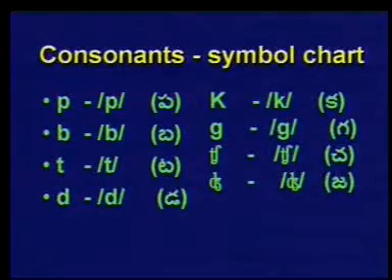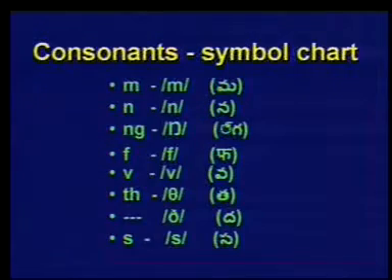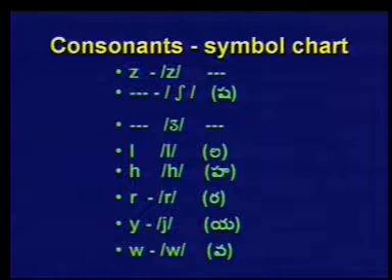If we have a quick glance at them, we can read like that: P, B, T, D, K, G, Ch, J, M, N, Ng, F, V, S, Z, Sh, J, L, H, R, Ya, Wa.